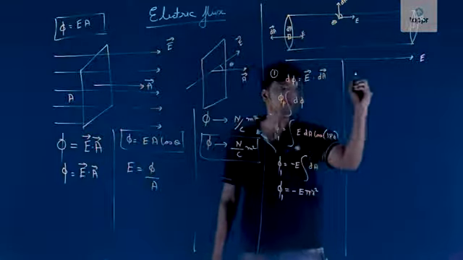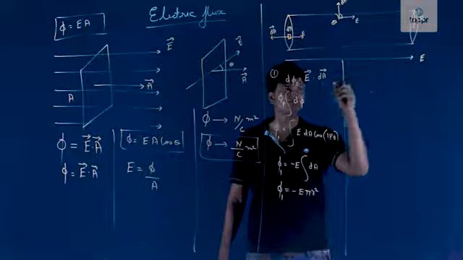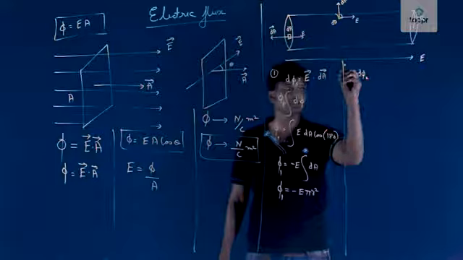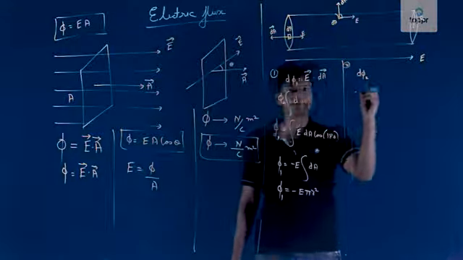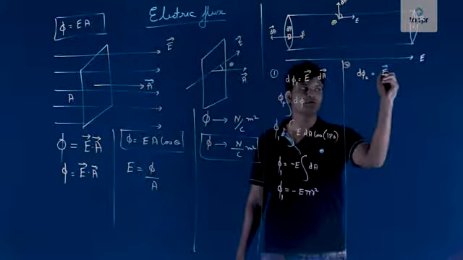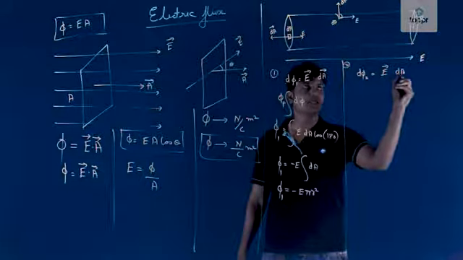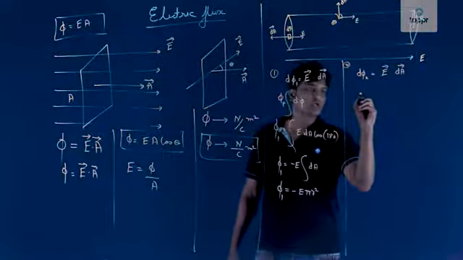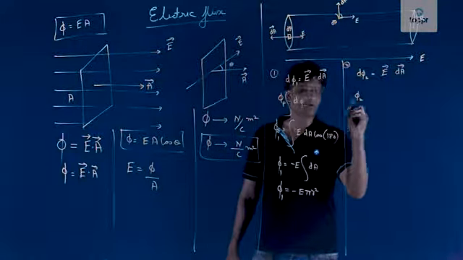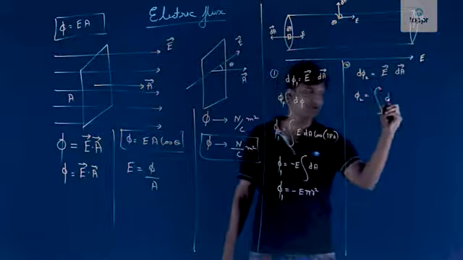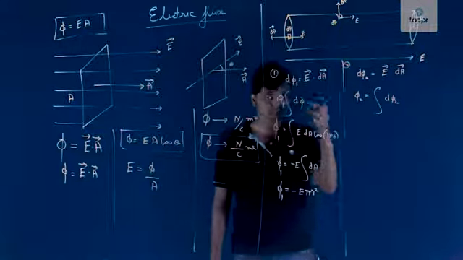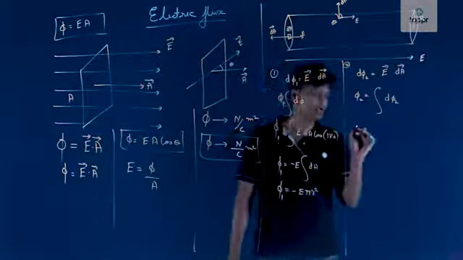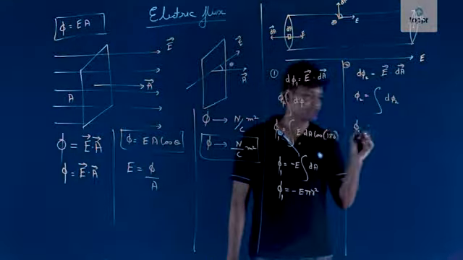So again, if I want to find the total flux for this given area, phi 2, this is case 2. d phi 2 is equal to E vector dot dA vector. So phi 2 is equal to the integration of d phi 2. I have to integrate all such small fluxes associated with each area over the entire surface.